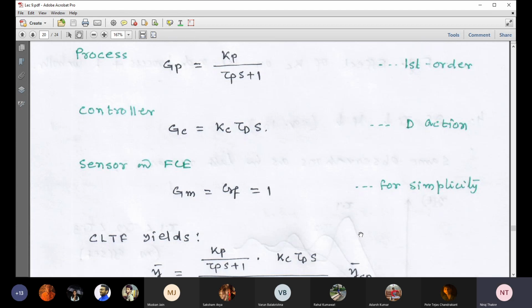Now, let us substitute all these 4 individual transfer functions in the closed loop transfer function equation, which I have included at the top.